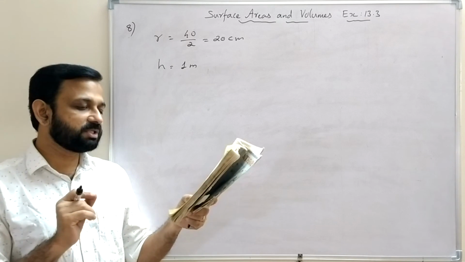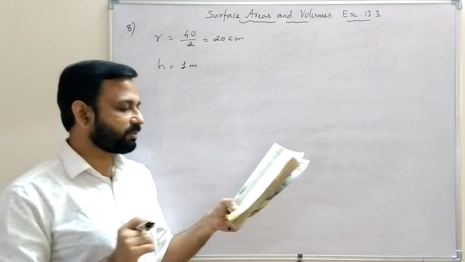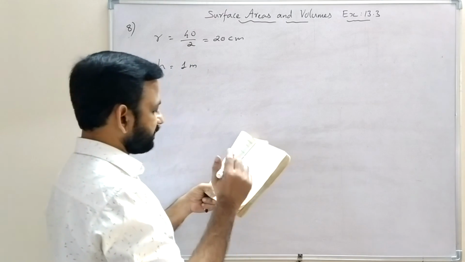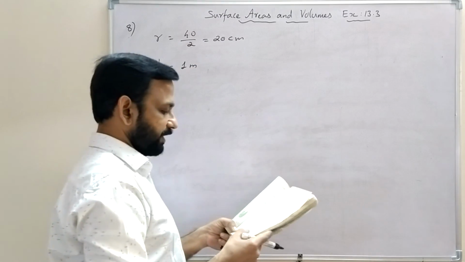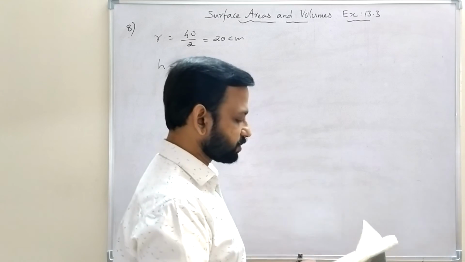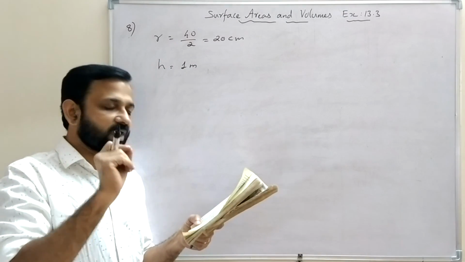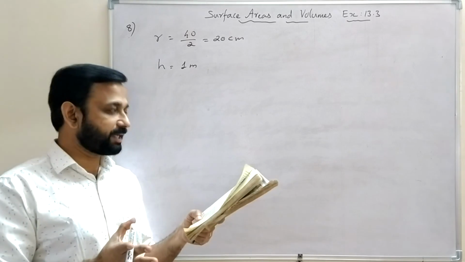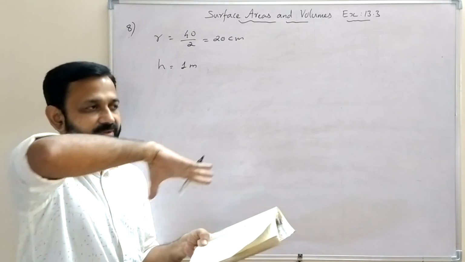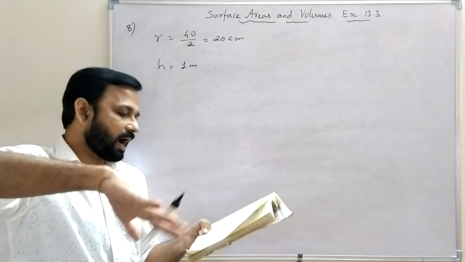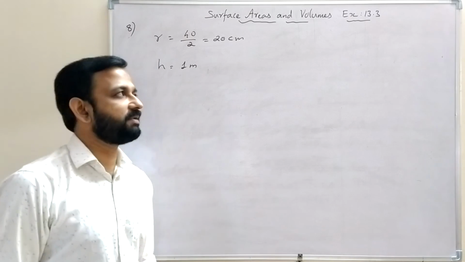And here we need to use the value of pi 3.14 and square root of 1.04, that is given 1.02. We have 50 cones and we need to paint the outer surface, that means we will calculate the curved surface area.